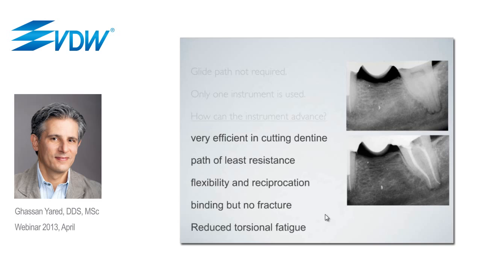And that is because the angles that we use are lower than the elastic limit, so they are lower than the angles at which the instrument will be subjected to irreversible changes. So for all of these reasons, a large instrument like the R25, which is similar to the F2 ProTaper instrument, can go in most of the curved and narrow canals without needing to create a glide path.